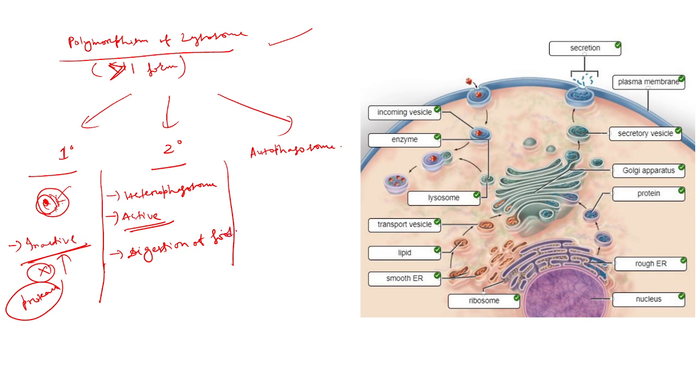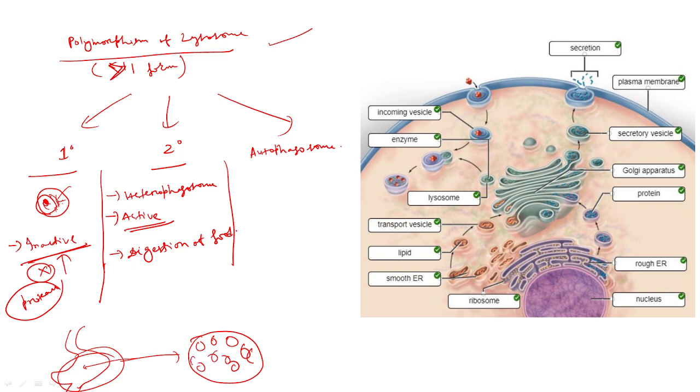So what is the digestion of the food? Simply, let's say in the stomach. In the stomach, if I cross-check it, many different types of cells are present.